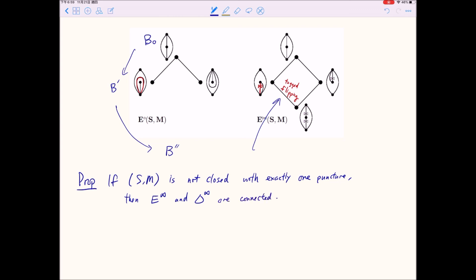But otherwise, the graph and arc complex will have two isomorphic components.